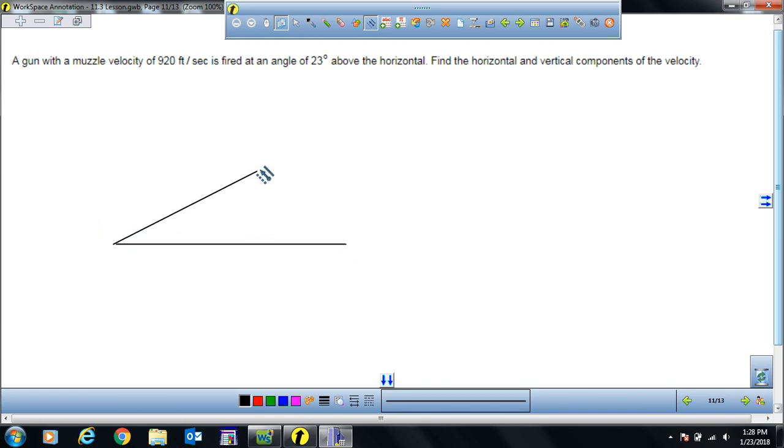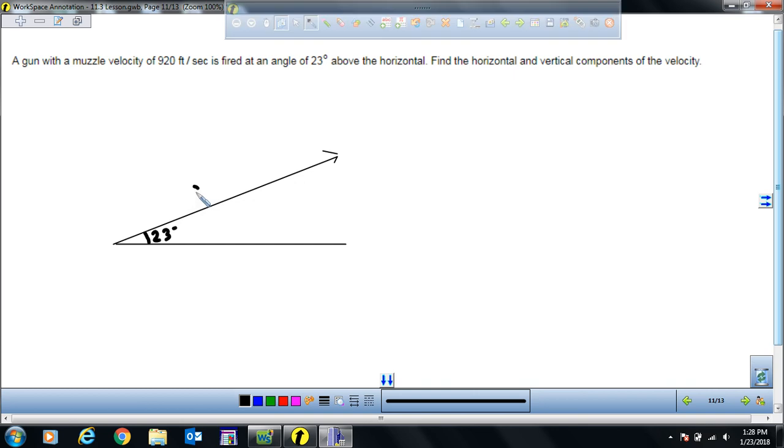We're going to shoot it at an angle of 23 degrees above the horizontal. And the magnitude of the velocity of that shooting is going to be 920 feet per second. That's the velocity at which it is traveling along this vector. Okay, so that's the magnitude, right?